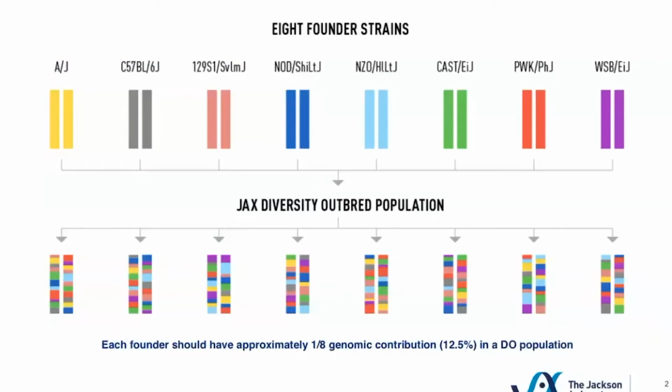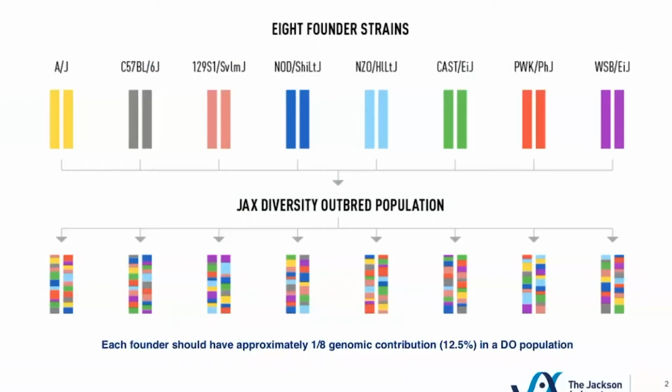So this is just a description of how the diversity outbred population was created. It was created at first by combining 8 different founder strains. Each one of these founder strains is an inbred mouse strain that was combined through a very specific breeding mechanism to mix all 8 of these inbred strains evenly.